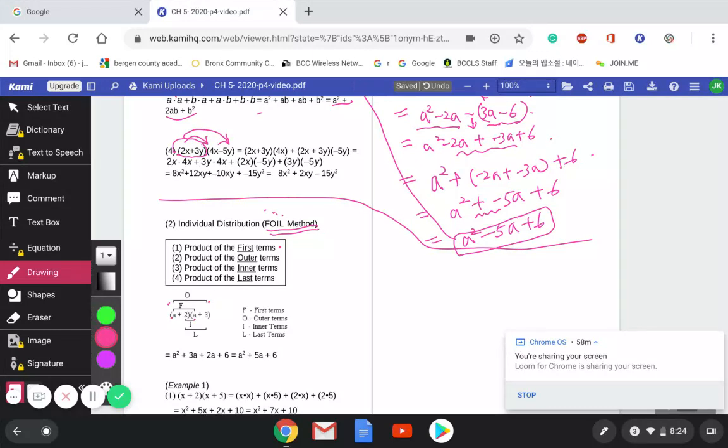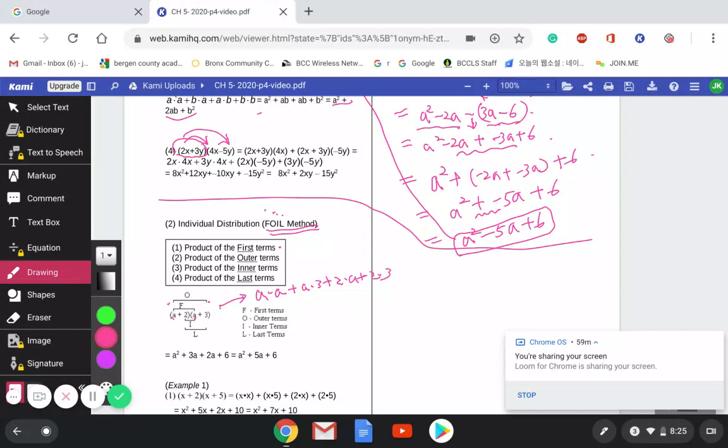Then what was the previous one? The previous one was grouping the first part as one group and distributing it. So how are they different? Well, when you are foiling it, first times first, a times a, then a times 3, 2 times a, and 2 times 3.